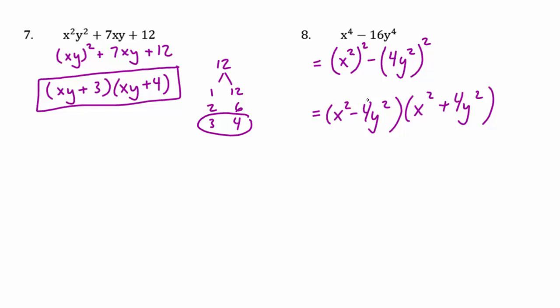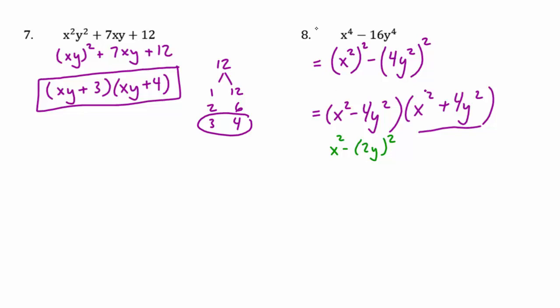Now I've got to check and see, can I factor this once again? Now, sums of cubes is the only binomial we can do, but these are not cubes, these are squares. So we can't factor the one on the right hand side, but on the left hand side we have a minus. So maybe a difference of squares or difference of cubes is one we can do. And I'm kind of feeling that we have a difference of squares in here. This would be x squared minus 2y squared, because 2 times 2 is 4 and y times y is y squared.